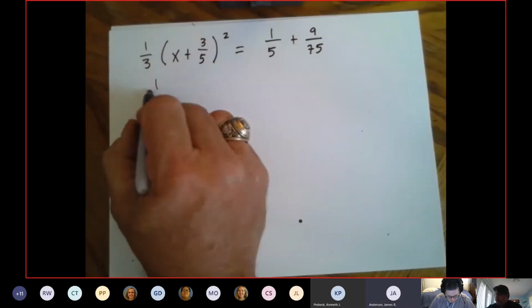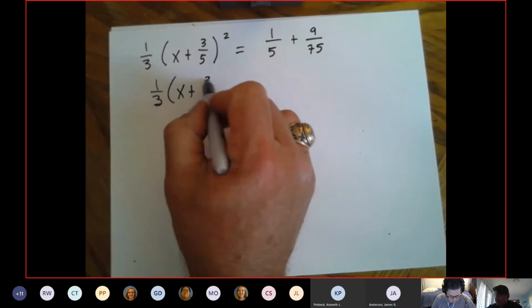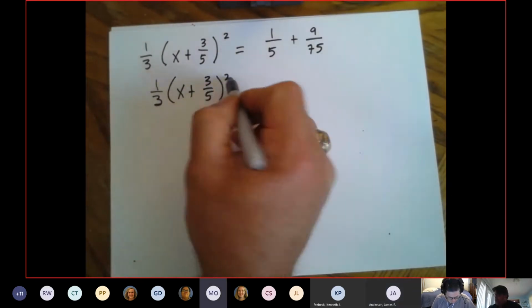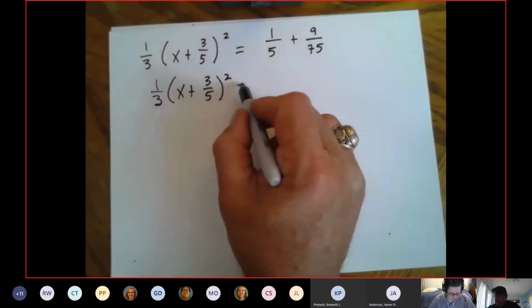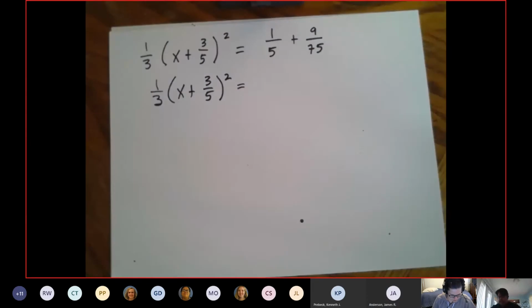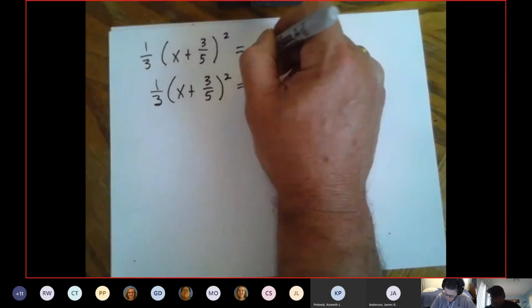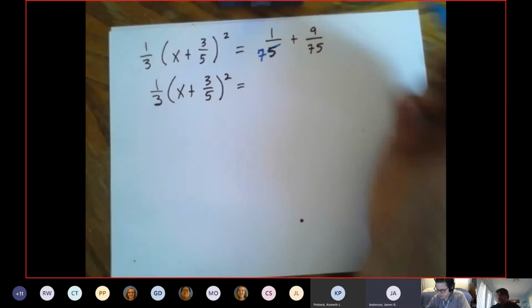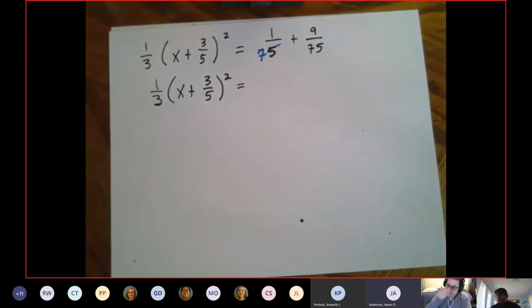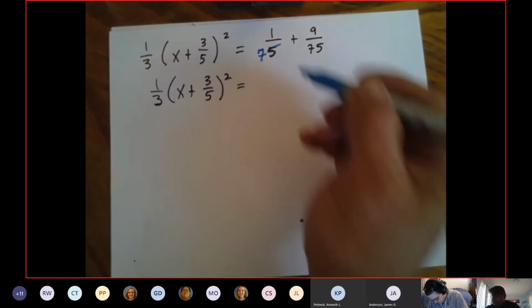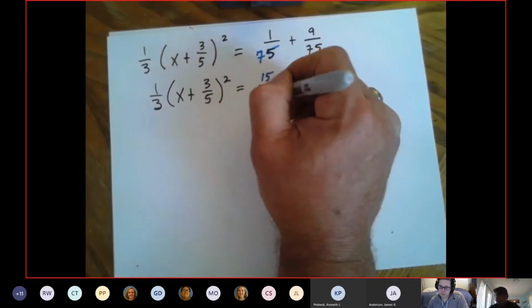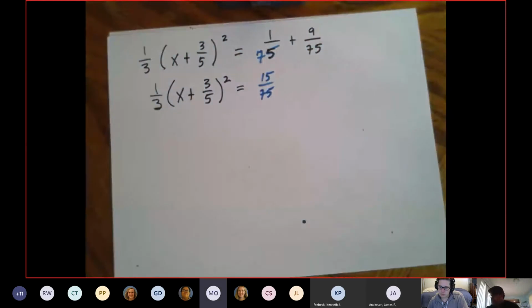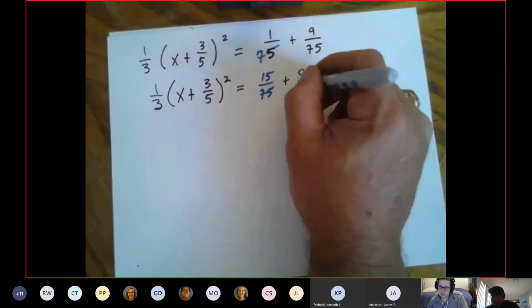And 1/3 times x plus 3/5 quantity squared is equal to, well, I'm going to change that 5 into 75. How many times will 5 go into 75? 15. 15 times 1 is 15. So that changes into 15 over 75 plus 9 over 75.